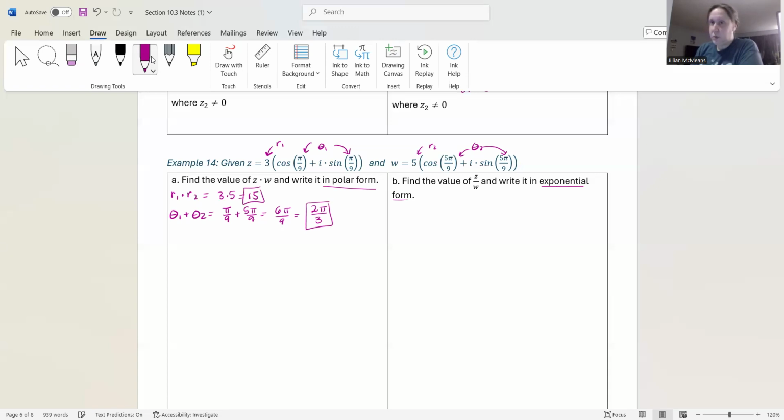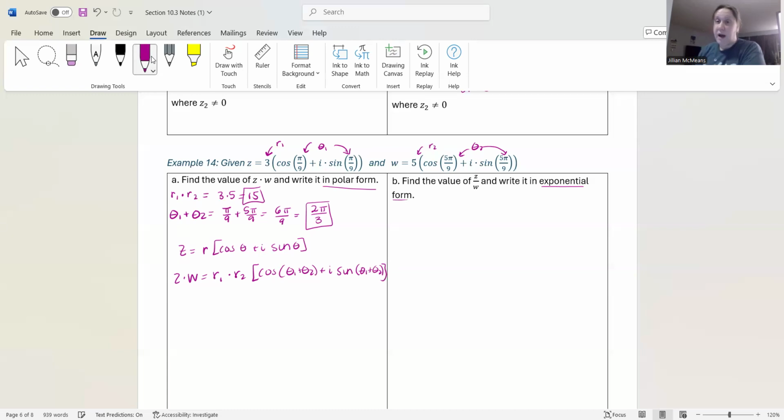And now we just want to plug that into the following. Z equals R times cosine theta plus I sine theta. Okay. Now remember what we're technically doing is we're saying Z times W equals R1 times R2 times cosine of theta 1 plus theta 2 plus I times sine of theta 1 plus theta 2.